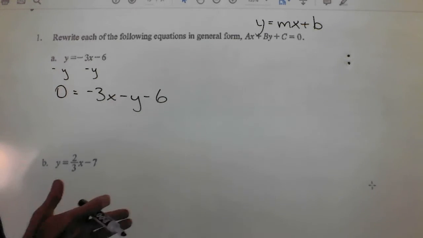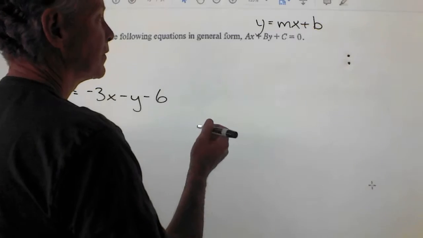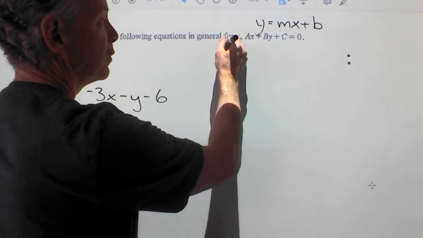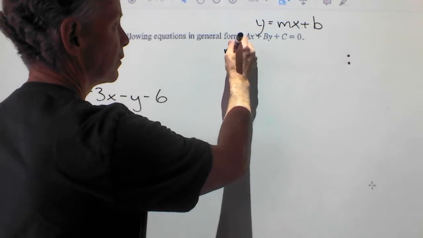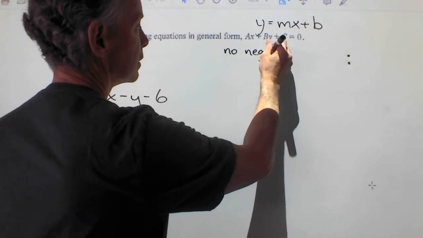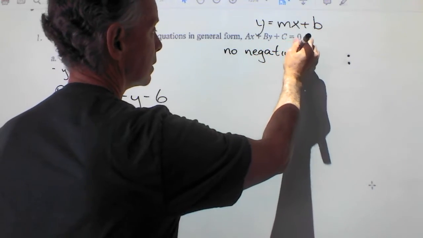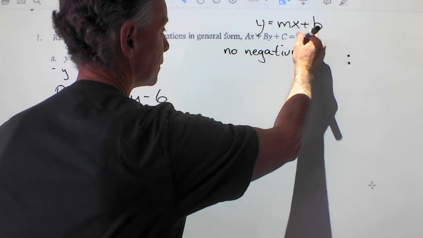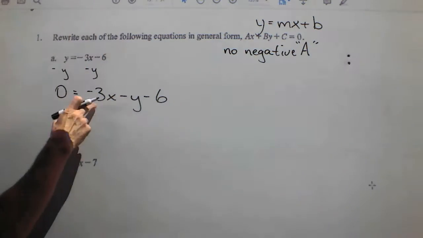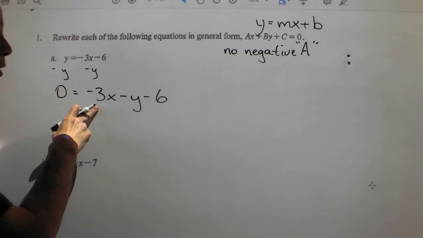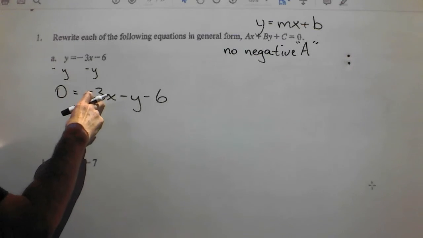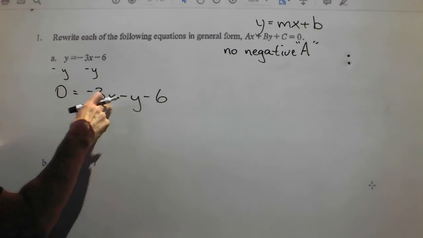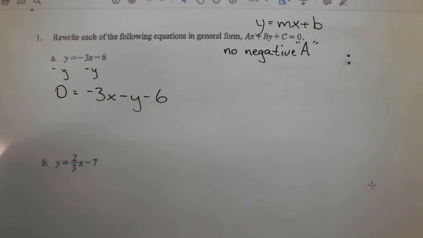After you've moved everything to one side, you have to check two things. You can't have a negative A, so no negative A. And you can see we do have a negative coefficient of x. That's our A value, the number attached to x. So we're going to have to deal with that.